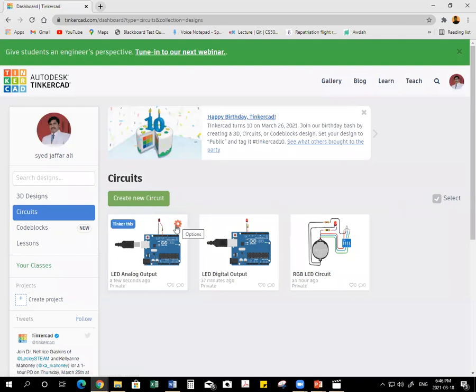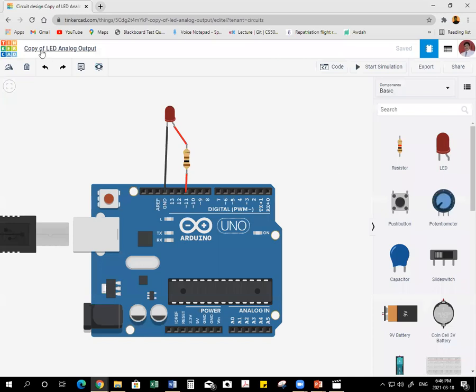Now here you go to the previous circuit options, and the duplicate option is there. So just duplicate it and it will open. Copy of LED analog output, it is there. Now I will rename this LED analog output with loops.